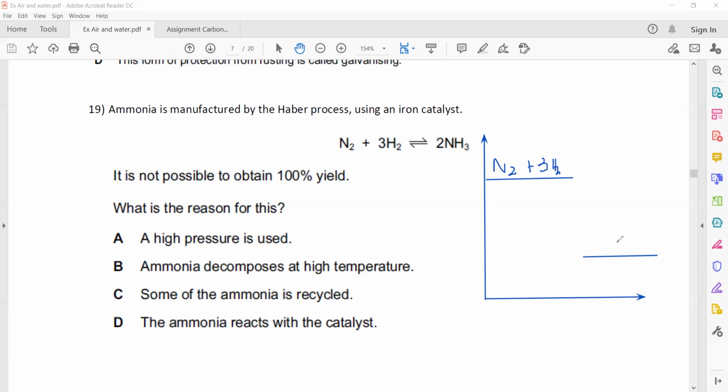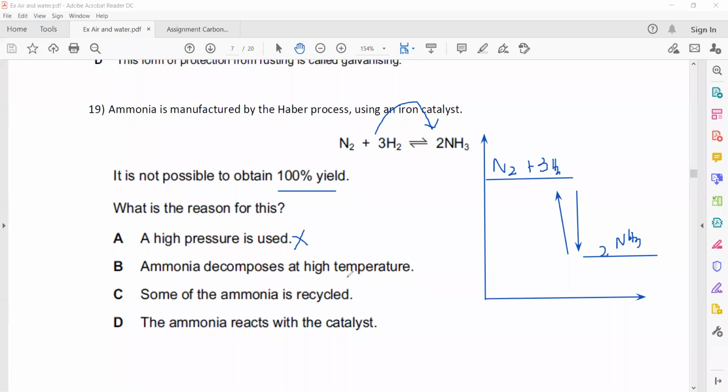This results in the formation of ammonia, NH3. Nitrogen and hydrogen react to form ammonia, and ammonia can decompose to form back nitrogen and hydrogen. So why do we not get 100% yield, or why do we not get only ammonia? A high pressure is used. If high pressure is used, equilibrium will shift towards the right, so we will get more ammonia. So this cannot be the answer.